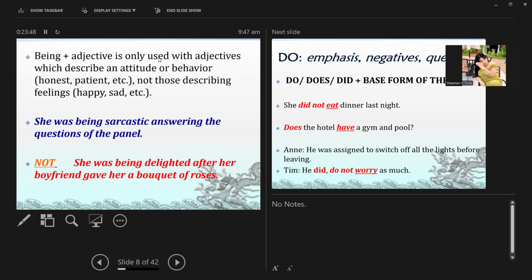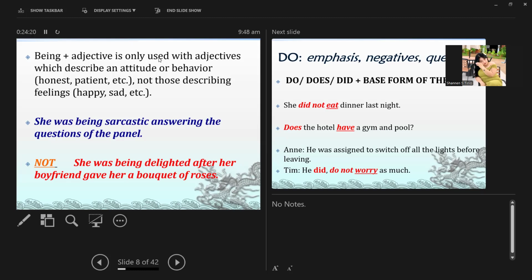She was happy after knowing that she passed the exam. Okay. Pag lang attitude or behavior, okay? She was being very honest. Or ano ba may mga behavior? Bitchy. Okay. He was being bitchy towards the waiter. Okay, pwede yon. Because you're describing an attitude or a behavior.